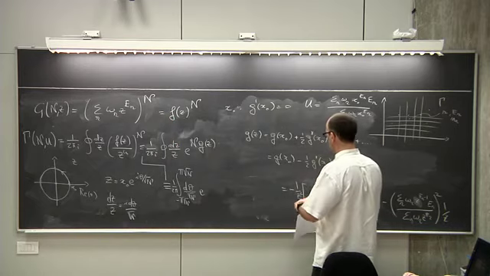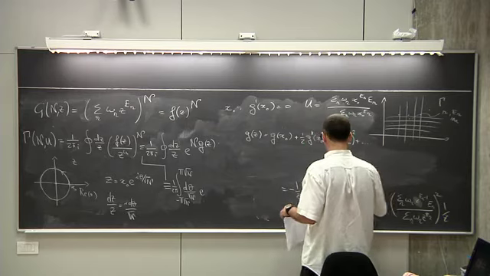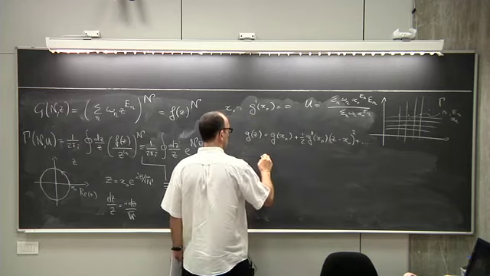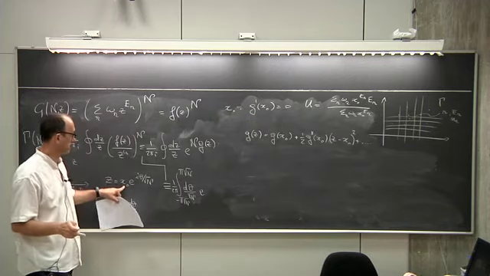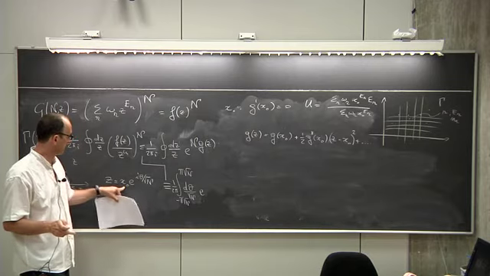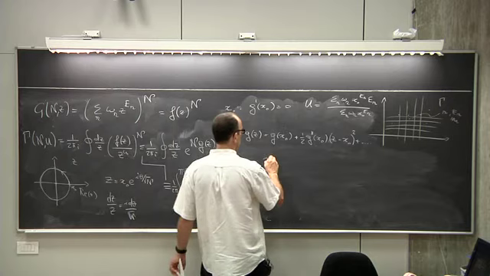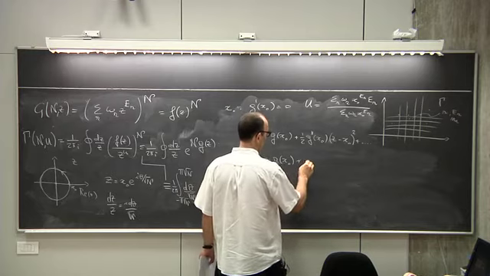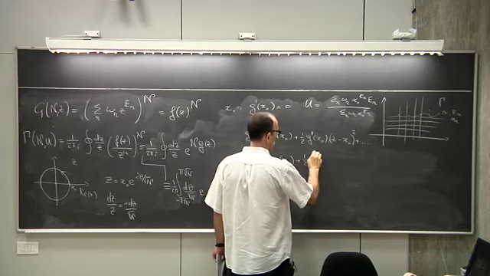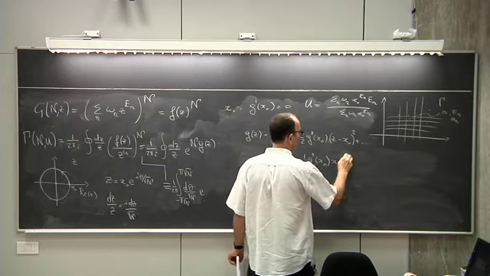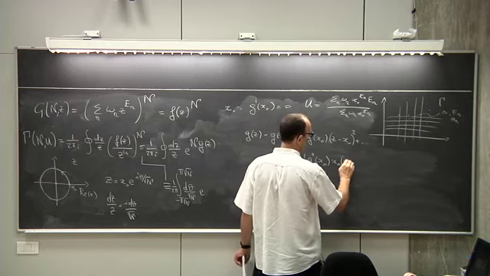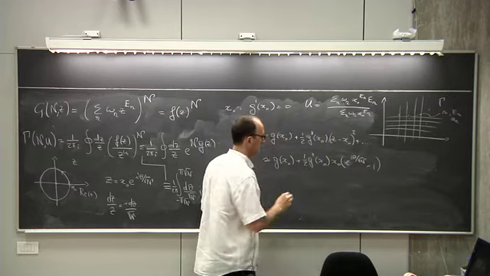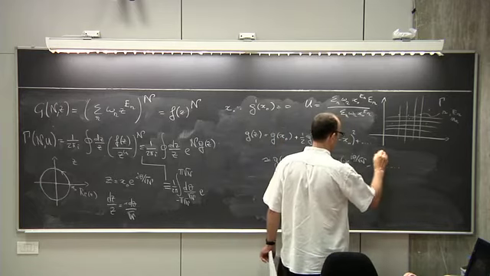Then I can use these expansions here: if I use this expression for z, for n large, this will be g of x0 plus 1/2 g double prime of x0 times x0, which multiplies e to the i theta over square root n minus 1, plus higher order terms, squared.